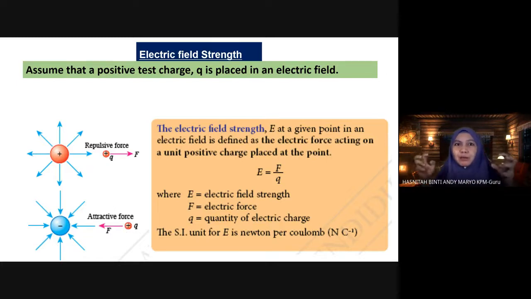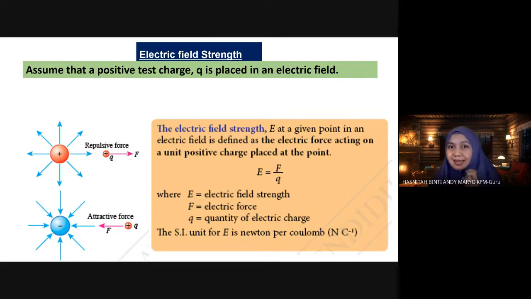What will happen to them? They will attract. So what kind of force will be experienced by this charge Q? It will experience an attractive force, so it will move closer to the electrode.